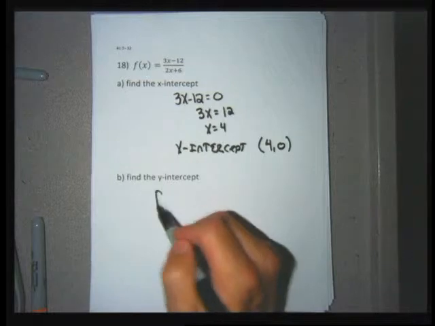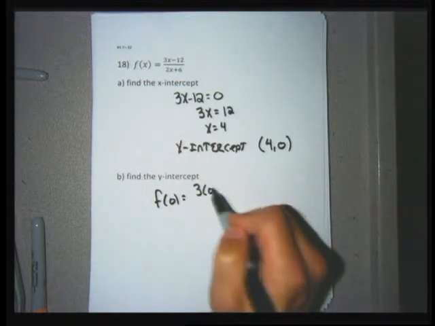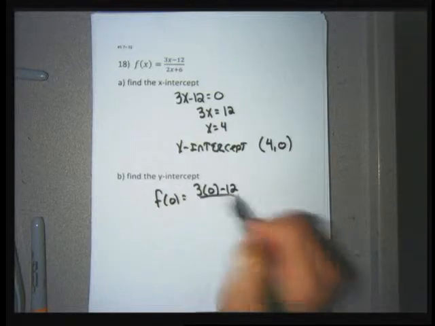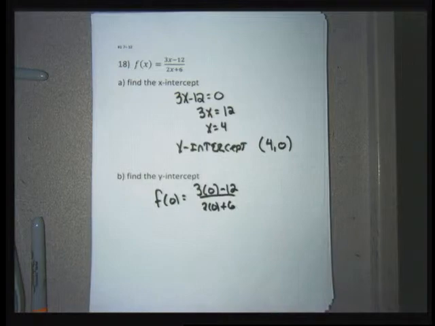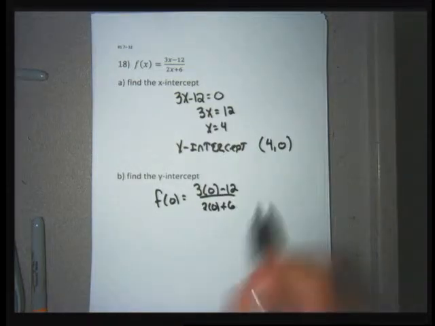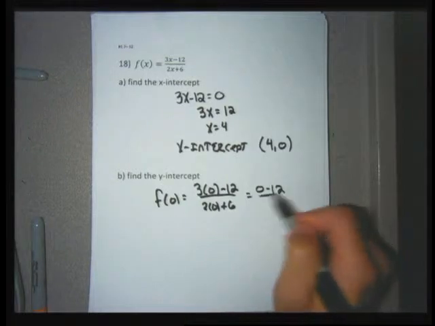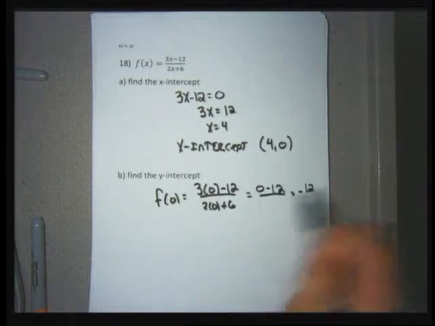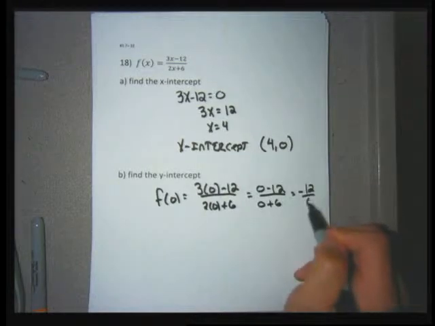To find the y-intercept, you plug 0 in for x. Can't just ignore the denominator. If I do the math, the numerator gives me 0 minus 12, which is negative 12. The math in the denominator, bottom or denominator, gives me 0 plus 6, which is 6.